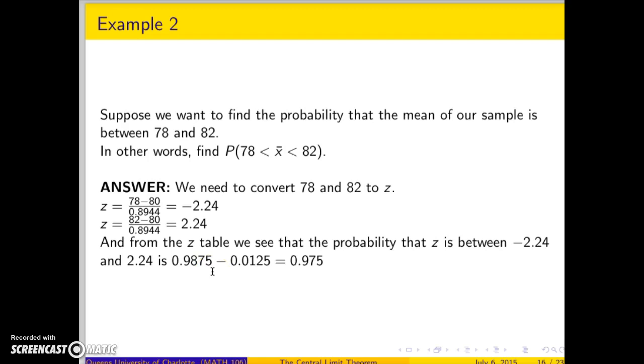But then we have to subtract the area below negative 2.24, which is 0.0125, and that gives us 0.975, our probability. So that tells us there would be a probability of 0.975 that a sample of 20 from that population will have a mean between 78 degrees and 82 degrees.